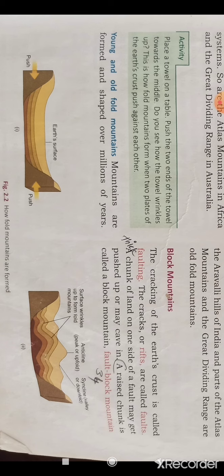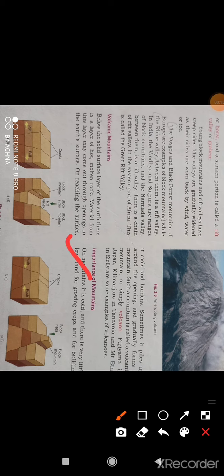So block mountains can be formed in two ways. First of all, when the earth is pulled up, the cracks may appear, and the cracks can be in this form. It is given here in your book also. The portion can sink, and the sunken portion is known as rift valley. Then when the earth is pushing, the cracking appears, and the crack can become in the form of a block mountain.